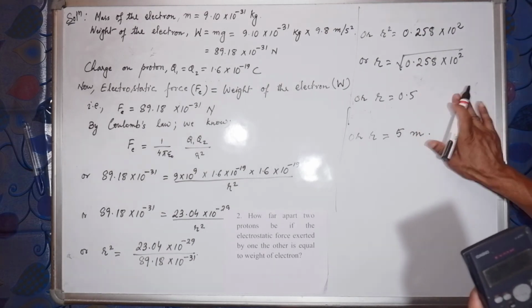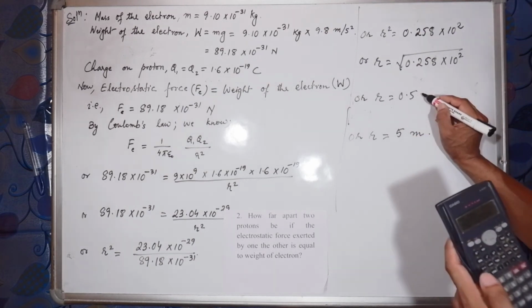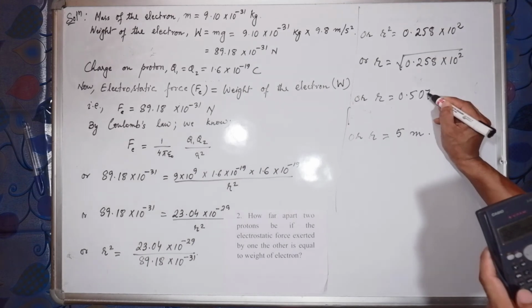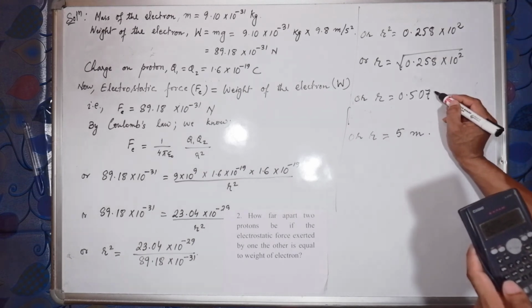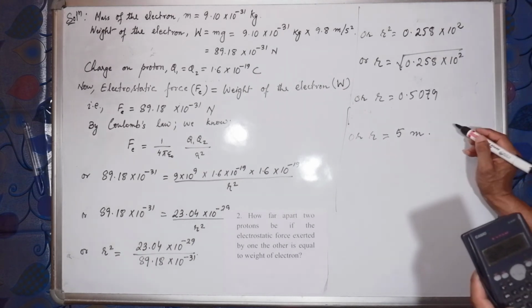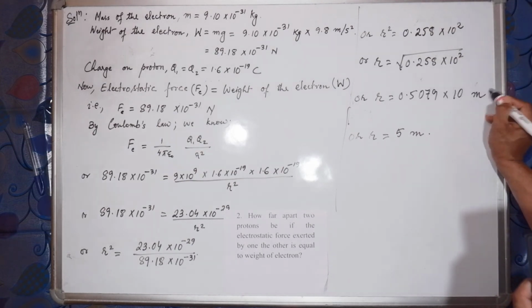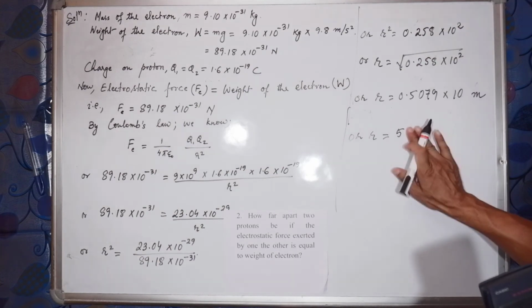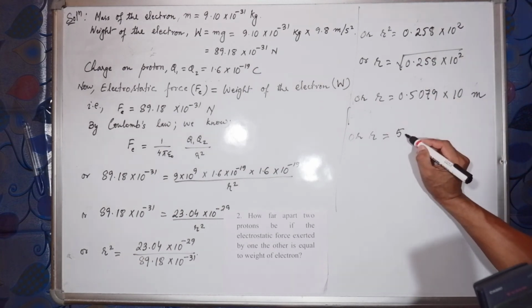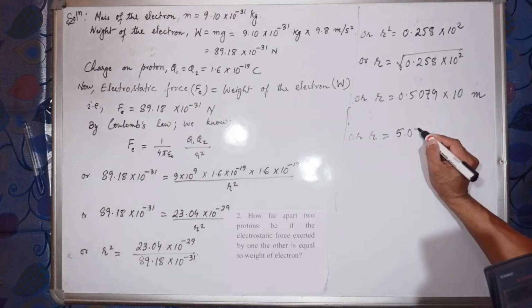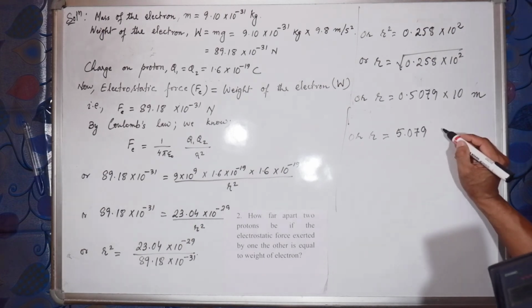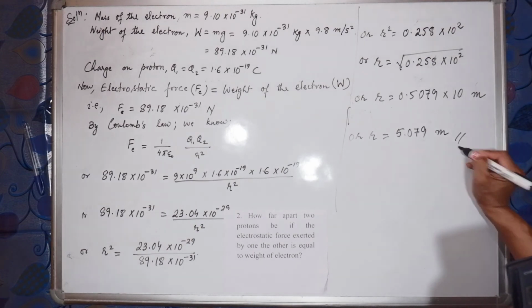Into the square root of this value, which is 10, so it will be in meter. If I multiply this by that, it will be 5.079 meter. So this is the value.